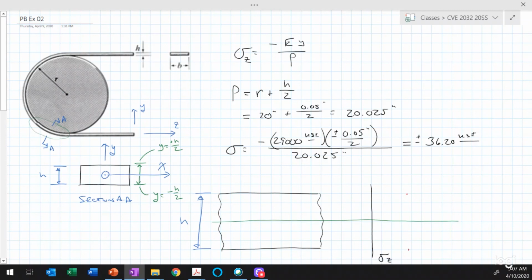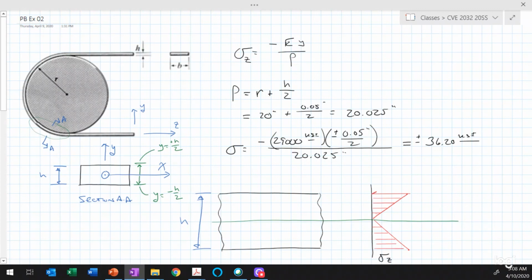And then same thing down here. And then if I take just a second and use my straight edge to maybe make it a little bit better or less worse, then we can get the stresses in here. Like that.